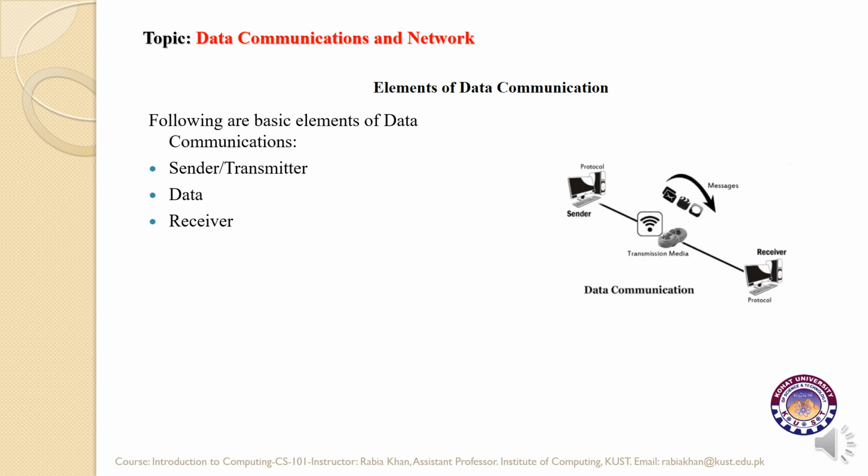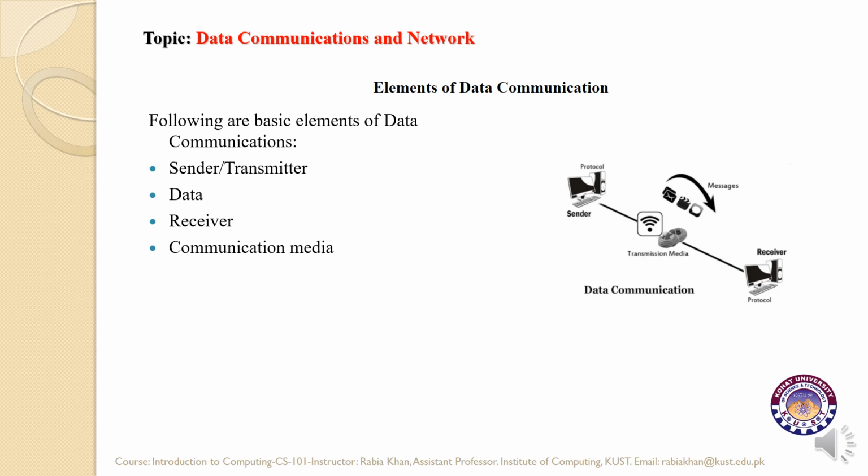We now need to explore some more elements. The communication media is the fourth important element of data communication. Media carries the data, or is the way through which data can travel. We can also call them communication channels.